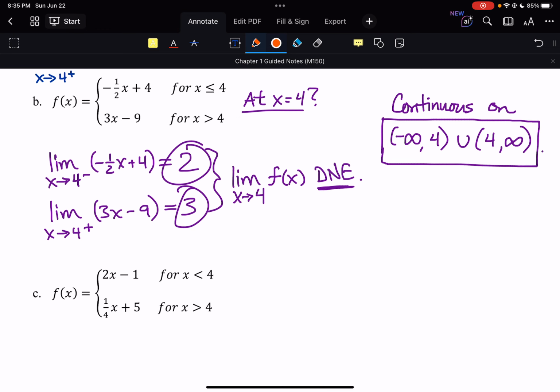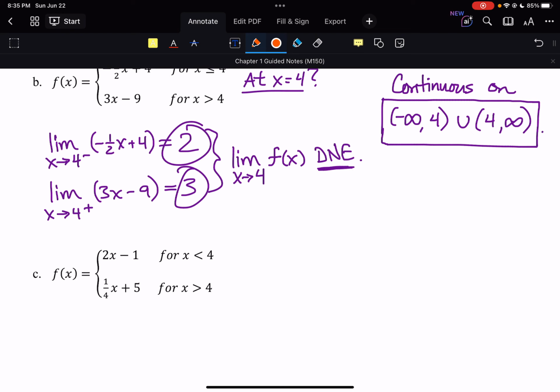And then if we look at part C, the last one down here, we see, again, two linear functions. And you could go ahead and check both of them to see where they meet up at 4 if you wanted to. But what I want to look at is something in the problem here. This function has the formula 2x minus 1 for x less than 4. It has the formula 1/4 x plus 5 for x greater than 4.